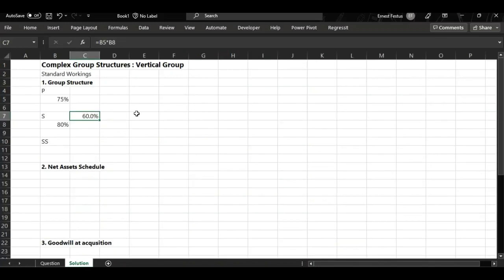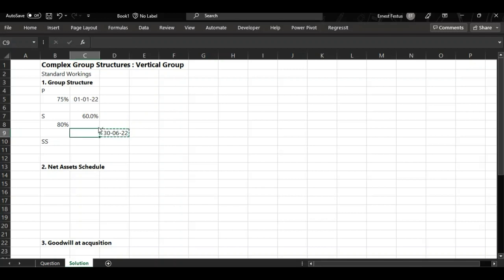So we can actually put those there. This was acquired on 1st January 2022. This was acquired on 30th June 2022. I think a better way of putting it here is by their percentage holdings.